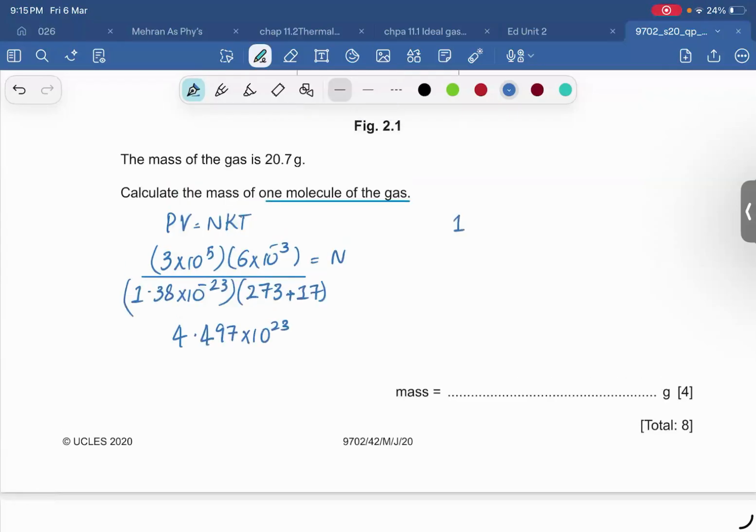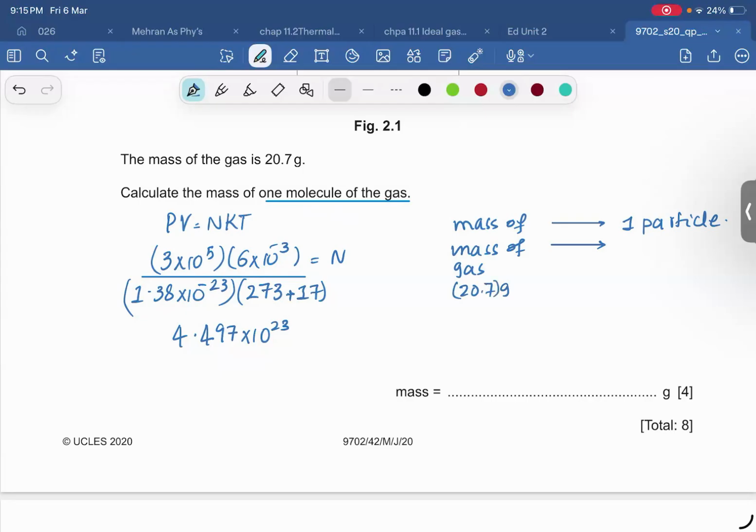I don't know the mass of one particle. This is what I want to know, but I know the mass of the whole gas, which is 20.7 grams.